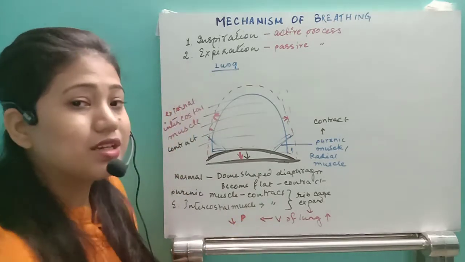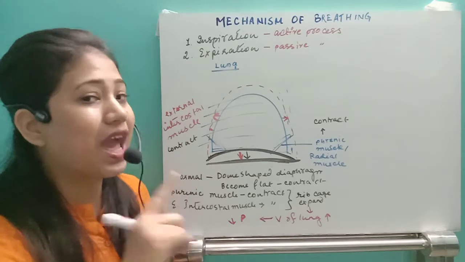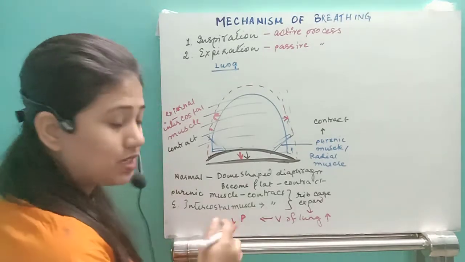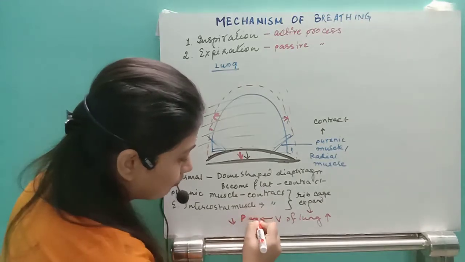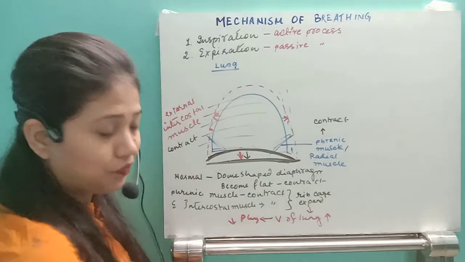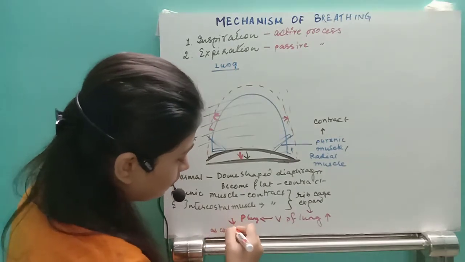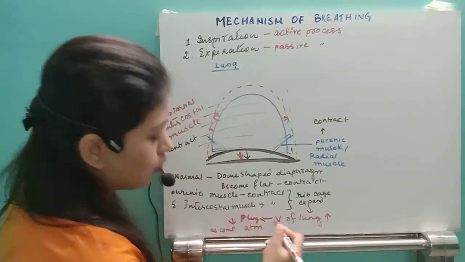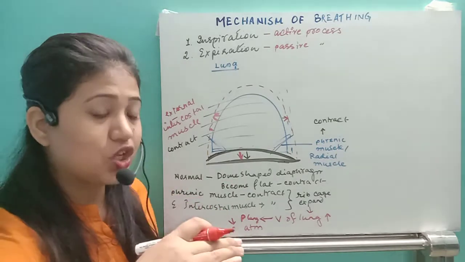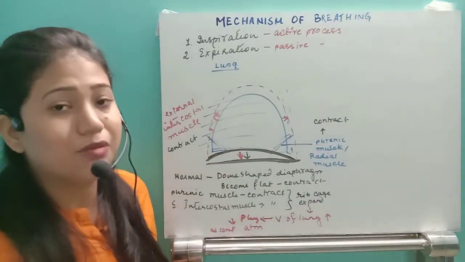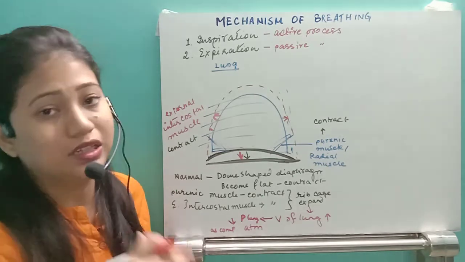That leads to a decrease in the pressure inside the lung as compared to the atmosphere. Atmospheric pressure is higher, and the pressure inside the lung is decreased.